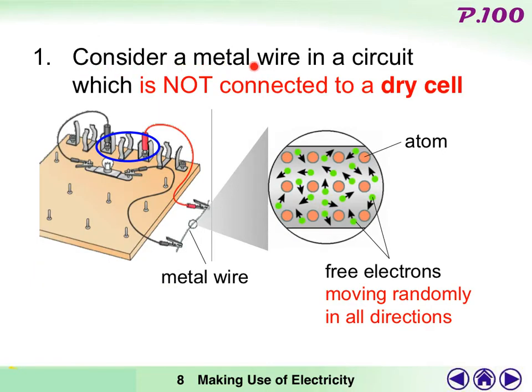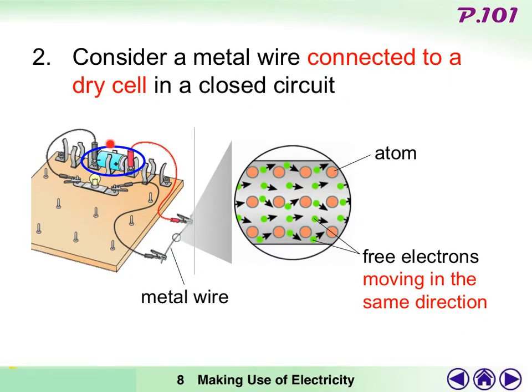Consider a metal wire in a circuit here, which is not connected to a dry cell. In the metal wire, the free electrons move randomly in all directions. Now we connect a dry cell in a closed circuit.